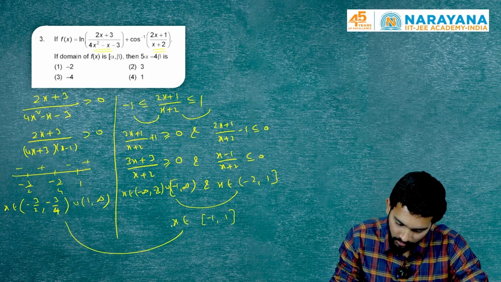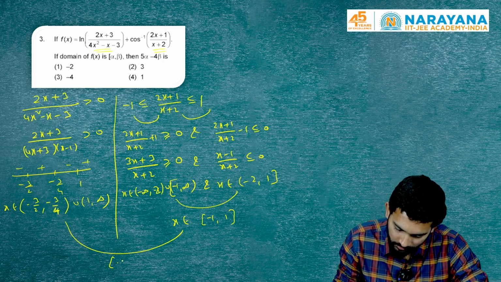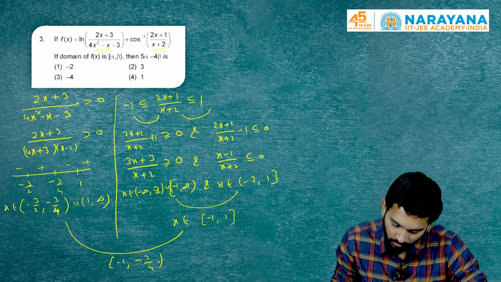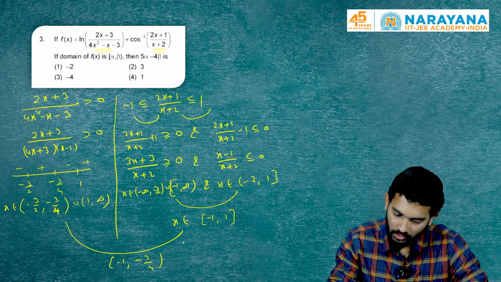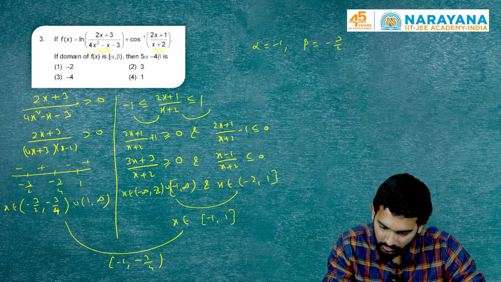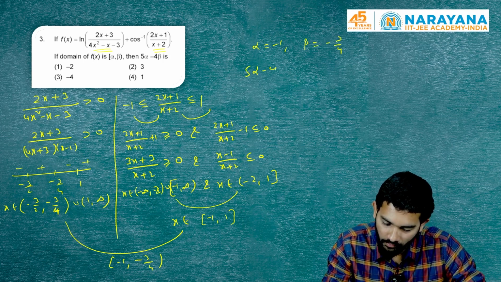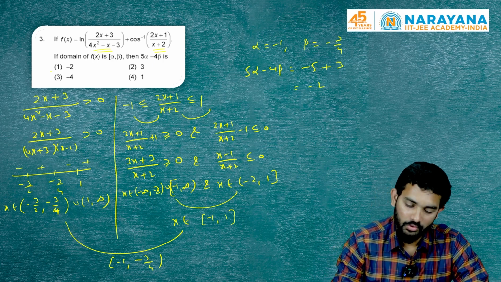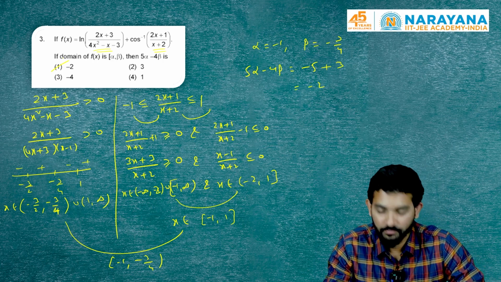Now if I take the intersection between these two things, I'll get it as minus 1 to minus 3 by 4. So minus 3 by 4 open, minus 1 closed. So he has given it is alpha to beta, alpha equal to minus 1, beta equal to minus 3 by 4. So 5 alpha minus 4 beta is equal to minus 5 plus 3, which will be minus 2. So it will be option 1.